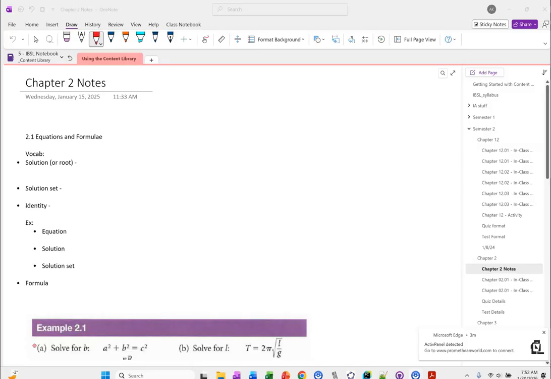Sine squared theta plus cosine squared theta is equal to 1. That's the Pythagorean identity, right? That's what we mean by an identity. That's true for all values of theta.